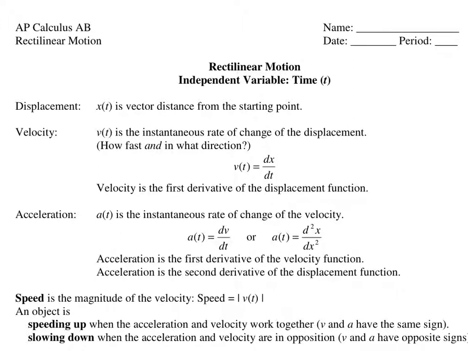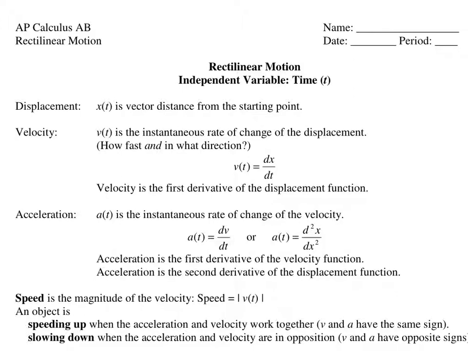Those of you who had SL, we used S of t instead of x of t. You'll see both of them used. Now, if I'm looking for how quickly our position is changing, I'm looking for velocity.